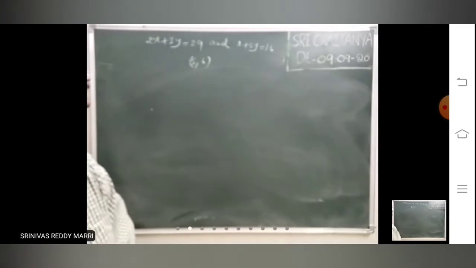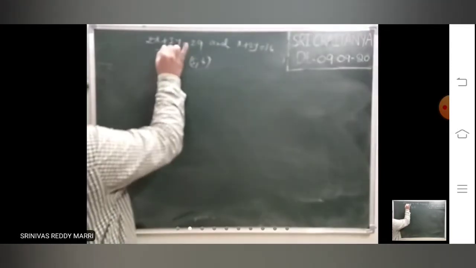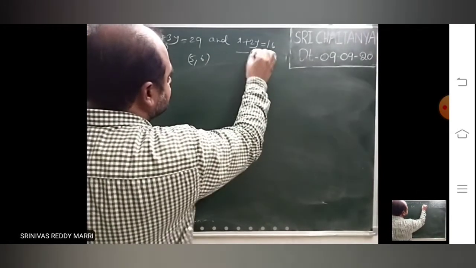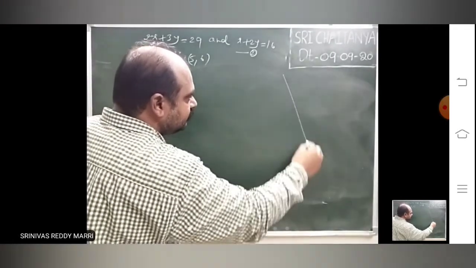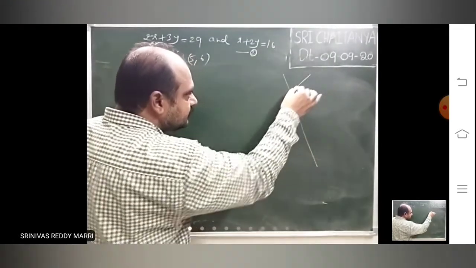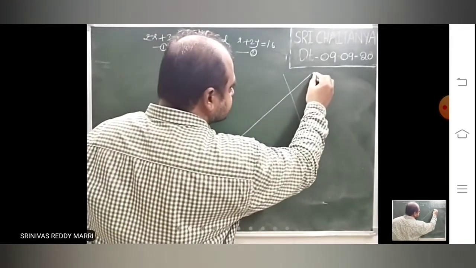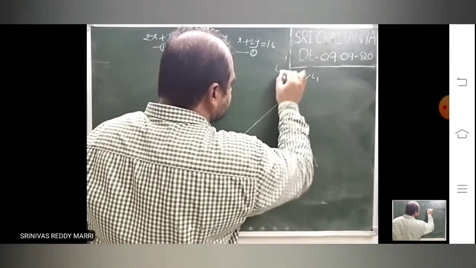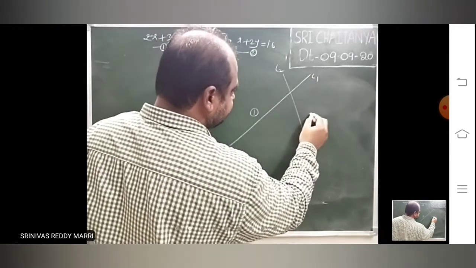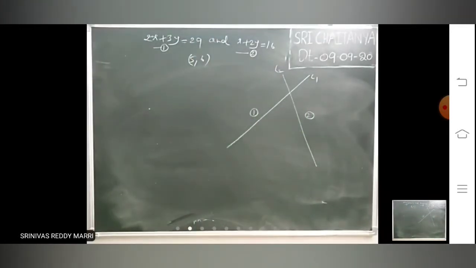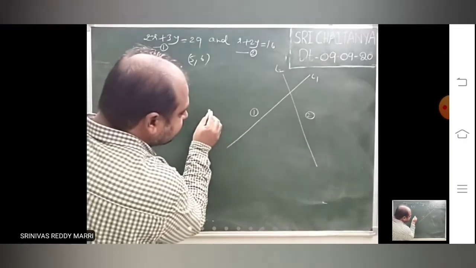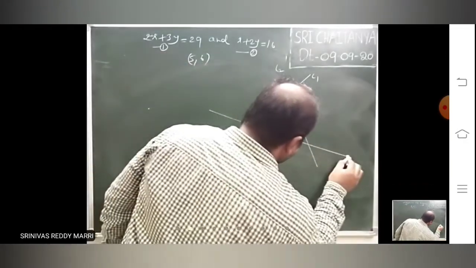Look at what the meaning is. There are two lines, let us say this is L1, this is L2. This is the first equation, this is the second equation. There is a line which is intersecting both lines.